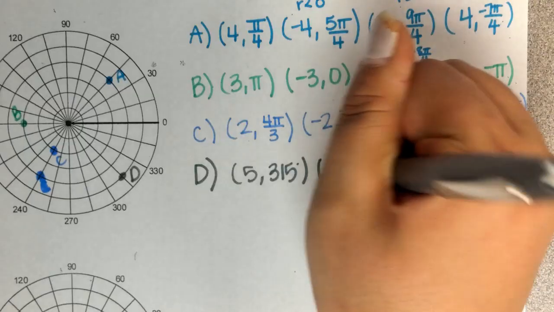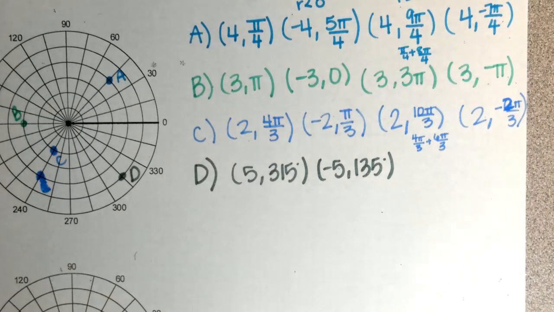Negative 5, 135. If you're given the theta in degrees, you can write your answer in degrees. If you're given it in radians, I want you to write your answer in radians.